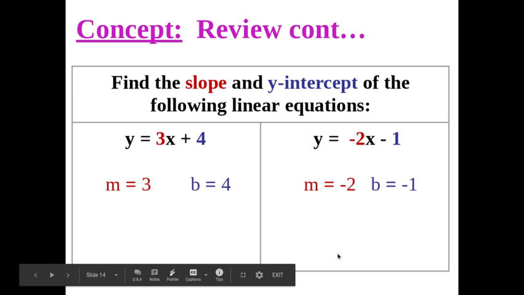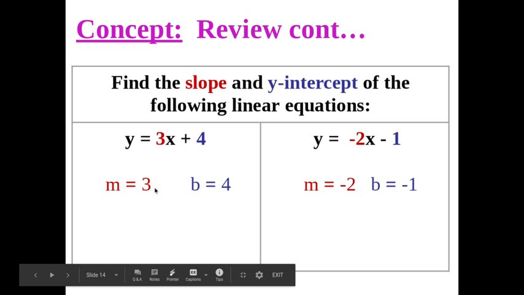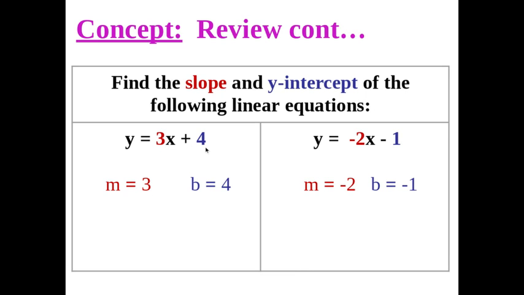So we're going to find the slope and y-intercept of the following linear equations. What we're doing is basically plugging in the numbers. They're telling us that m, which is slope, is 3. And then we have x plus b, where b equals 4. Okay?